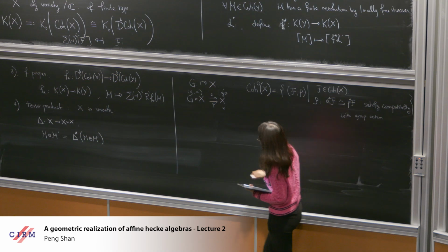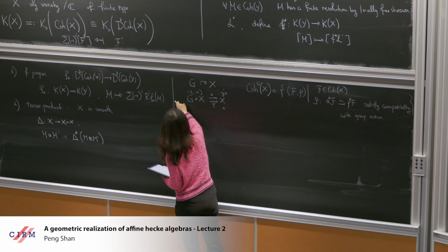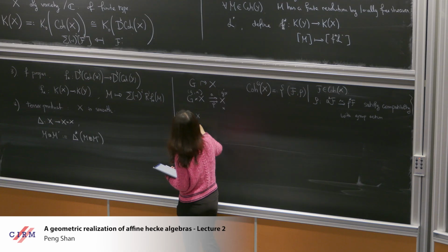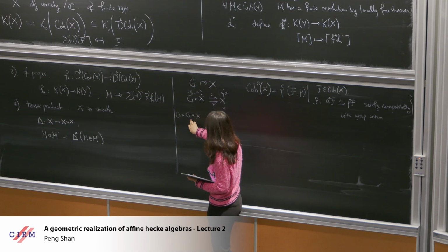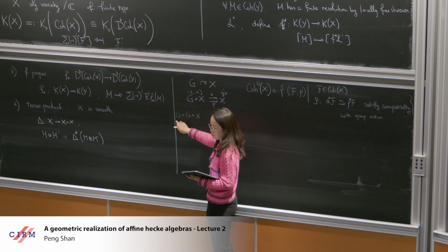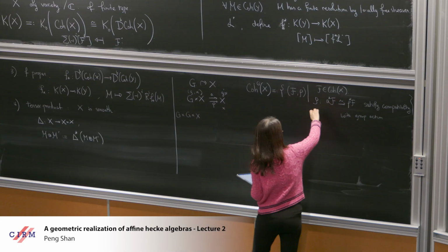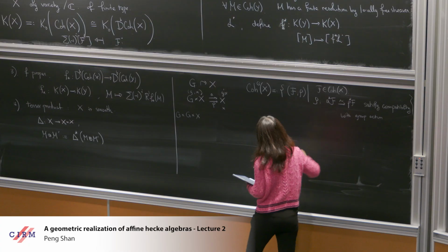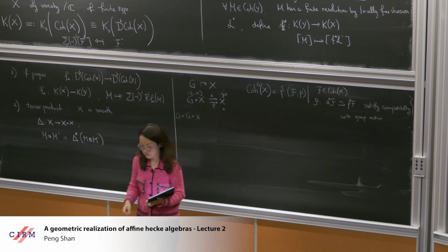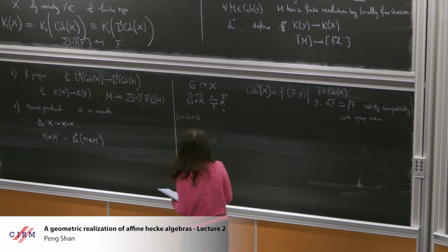Meaning that if you do a product, then you have several ways to proceed: you first act by this and then act by this, or you first multiply and then pull back, and all these morphisms should be compatible with these operations.